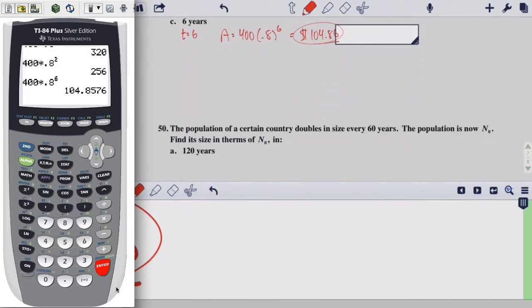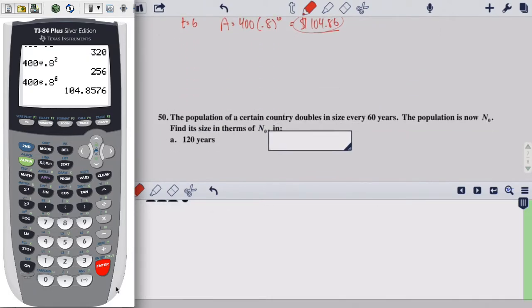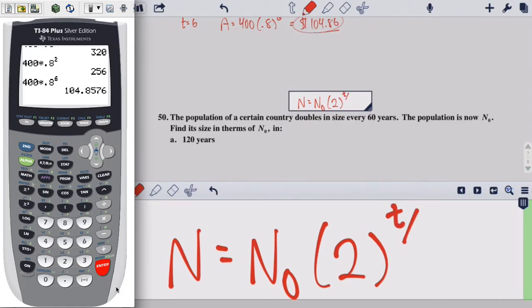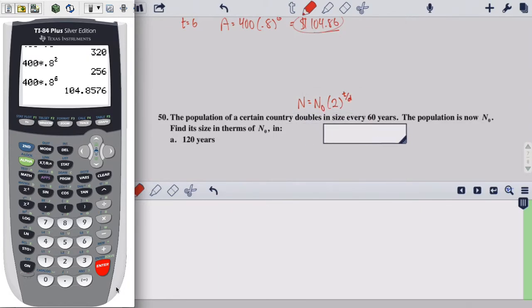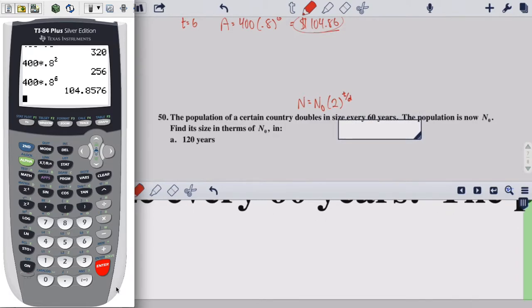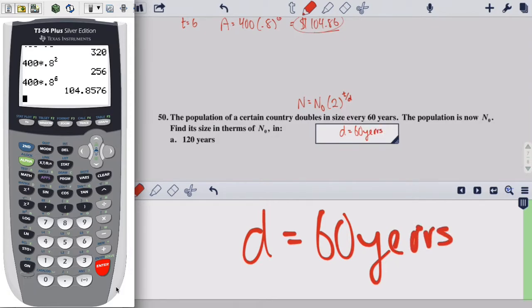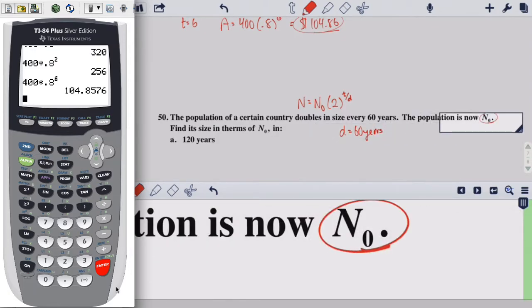Alright, so that's depreciation. Doubling time. N is equal to N naught times 2 raised to the t divided by d. In our case, we double in size. The doubling time is equal to 60 years. There's our initial population.